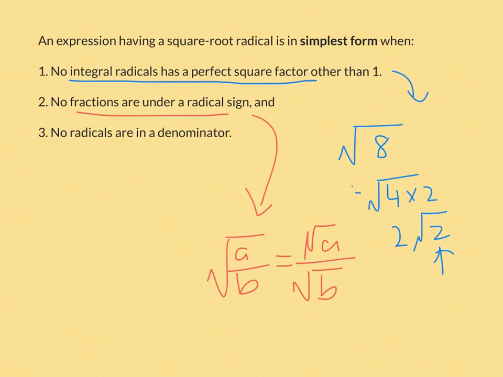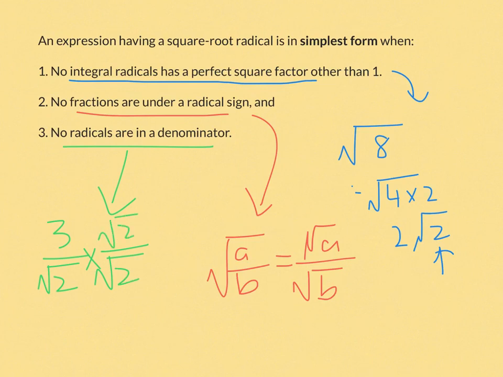Number 3, no radicals are in a denominator, so this is what we talk about when we talk about rationalizing the denominator. So make sure that when you have a square root 2, you multiply by another radical so that you can get rid of the irrational term in the denominator.